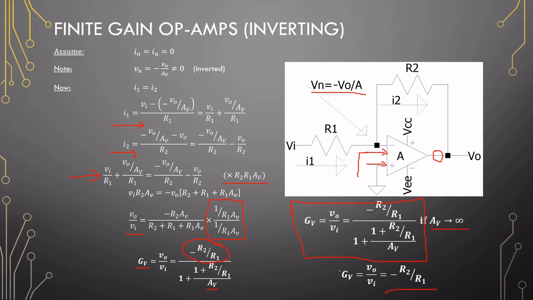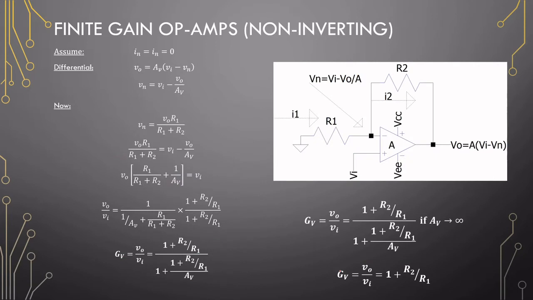Okay, for the non-inverting op-amp, we can do exactly the same. The input just moved, so we look at the differential of our amplifier. So V out is the gain of the amplifier multiplied by Vp minus Vn, and we rewrite this into the format where we have Vn standing alone.